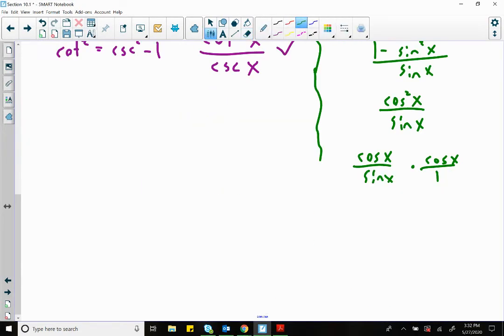So here's how this is going to work. Again, remember, I can multiply by 1 all I want. So this is sneaky, but this is what I'm going to do.